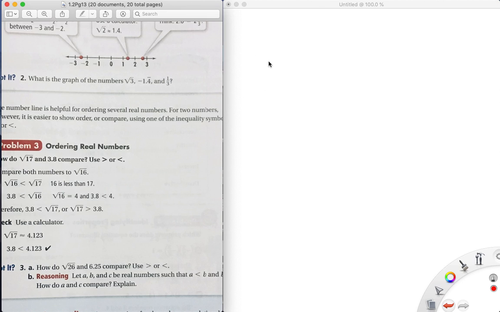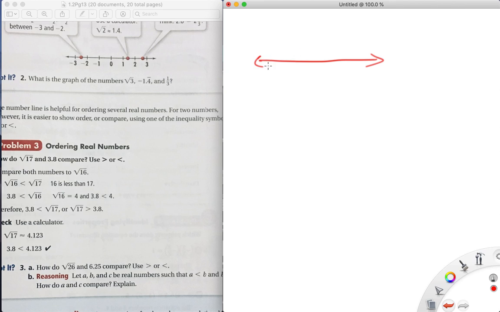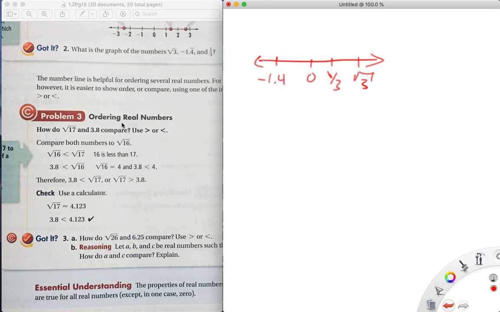If I graph this on the number line, the first would be negative 1.4. Then let's put a 0 here. The next one would be 1/3, and then the next one would be square root of 3. Right? Pretty straightforward.